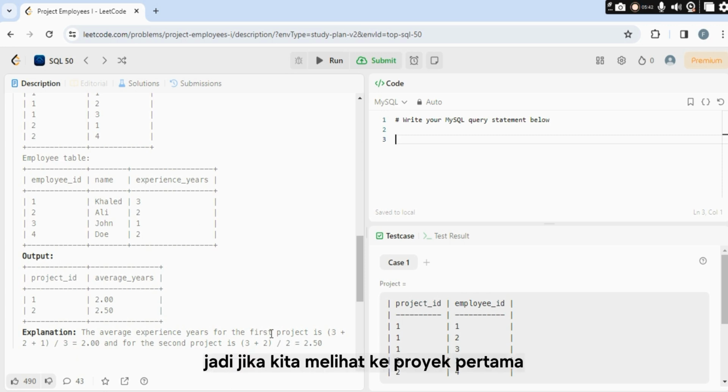If we take a look at the first project, there are three numbers: 3, 2, and 1.